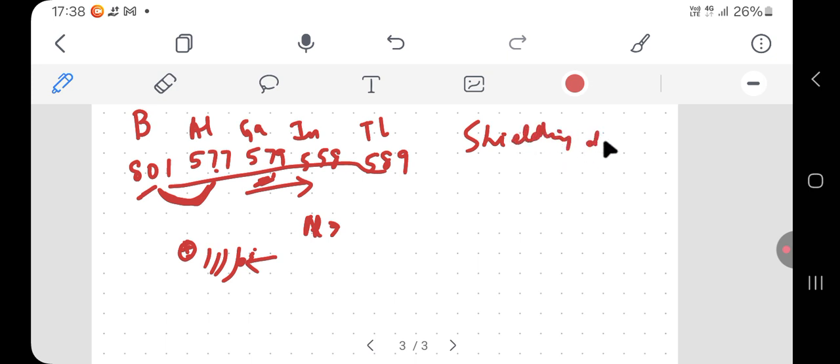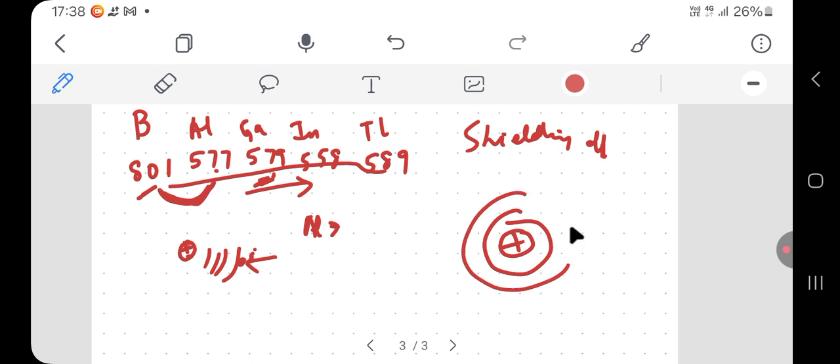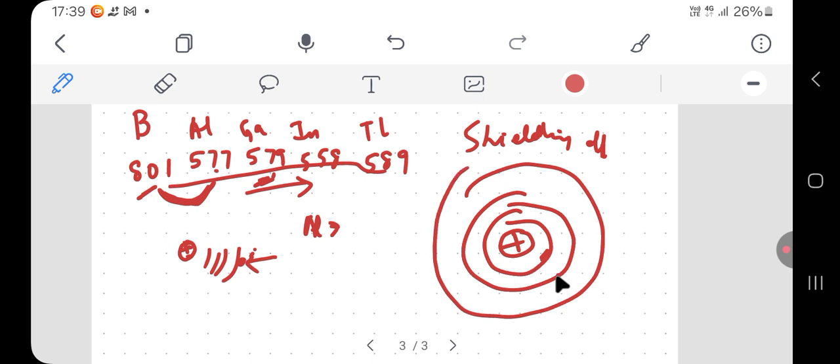Now, what is meant by shielding effect? Let's say this is the atom of gallium. These are called the inner orbits. Let's say 1s and 2s are the inner orbits.